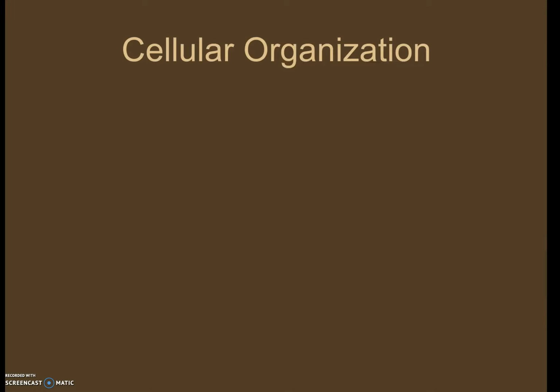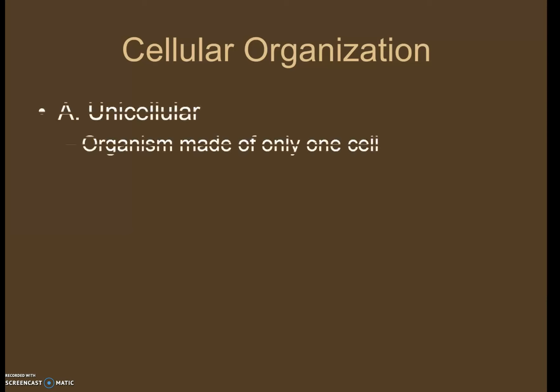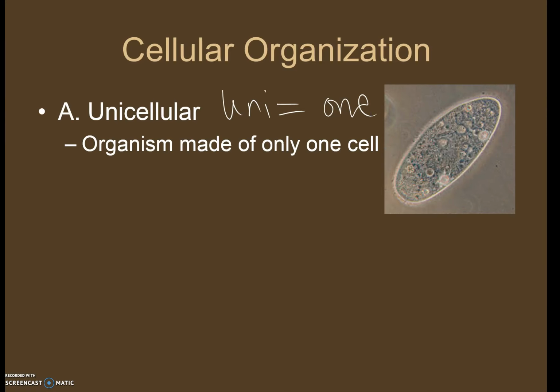All plants are multicellular, all animals are multicellular, but protists do have some unicellular eukaryotic organisms, things like Euglena, Paramecium, even some unicellular algae. But with regards to cellular organization, like I said, we have unicellular. Uni means 1, so made of 1 cell. This is showing you an example of a paramecium.